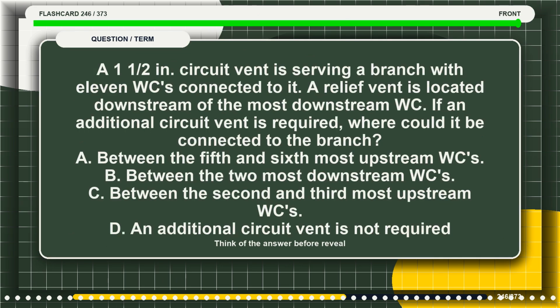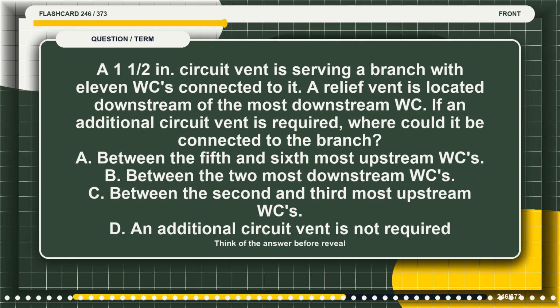Flashcard 246. A 1 1/2 in circuit vent is serving a branch with 11 WCs connected to it. A relief vent is located downstream of the most downstream WC. If an additional circuit vent is required, where could it be connected to the branch? A. Between the 5th and 6th most upstream WCs.